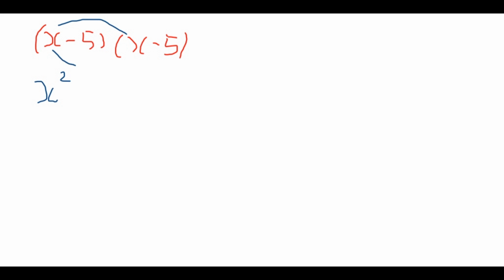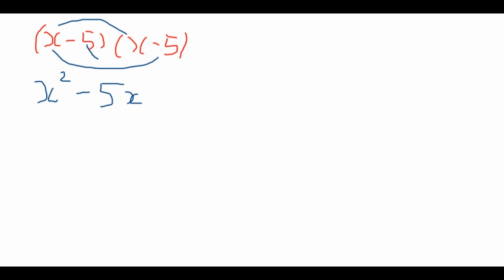If we have x minus 5 in one bracket and x minus 5 again in another bracket, I'll try to expand this term. Feel free to expand this term. x times x is x squared. x times negative 5 is negative 5x.